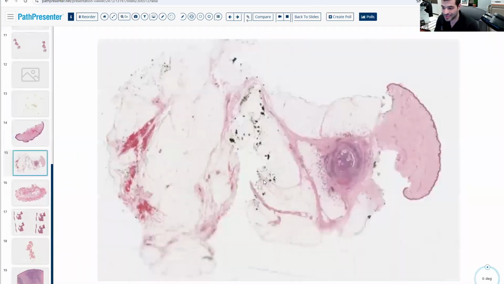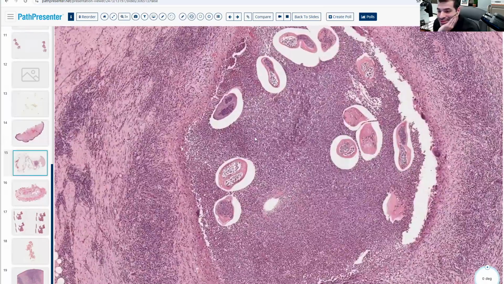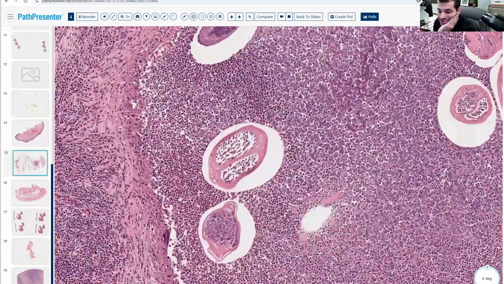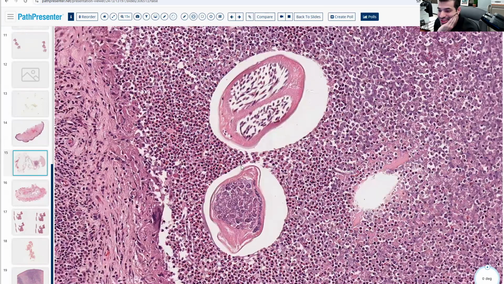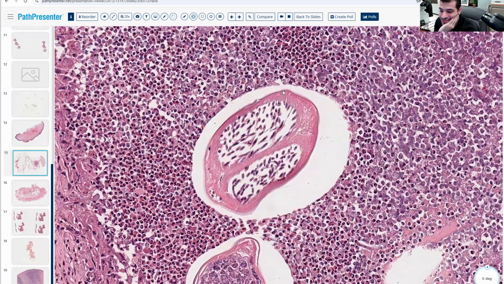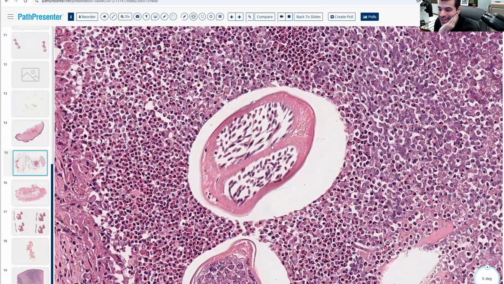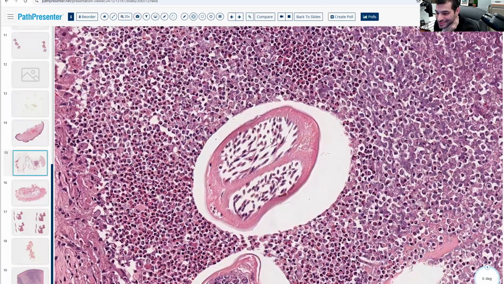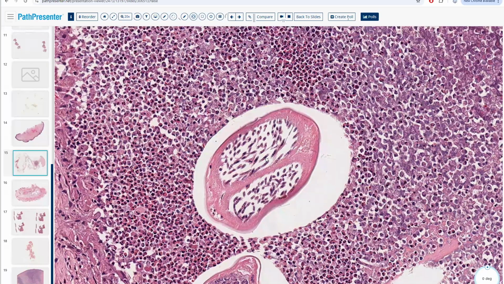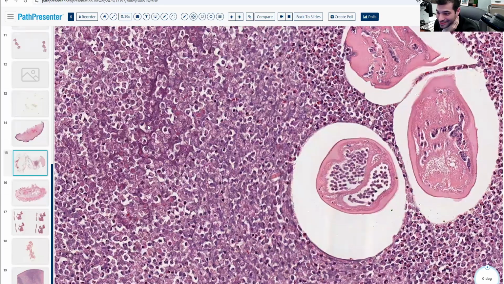Okay, let's go to something. Ooh, here we go. So this looks similar to the double barrel uterus, right? But we have something else in here. Instead of eggs, we have actual babies, like filaria. We have these larvae.